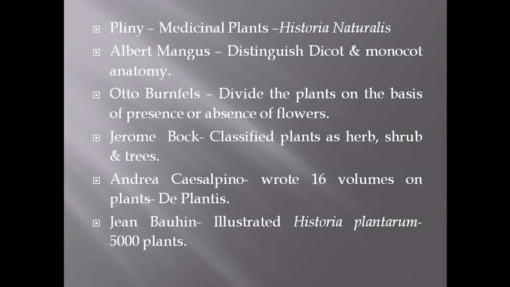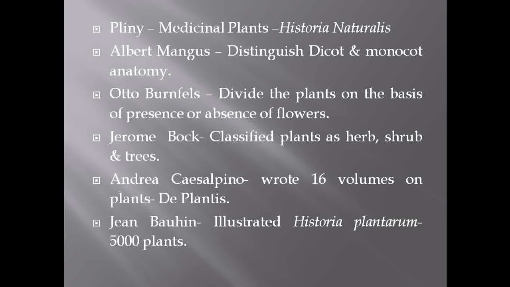The next scientist, Otto Brunfels, divided plants on the basis of presence or absence of flowers. The next scientist, Hieronymus Bock, classified all the plant species depending upon their habit, meaning whether the plants are herbs, shrubs or trees.